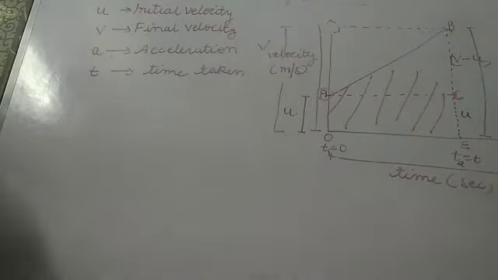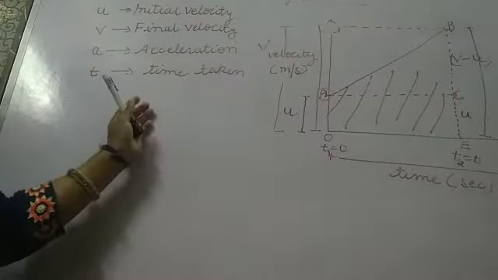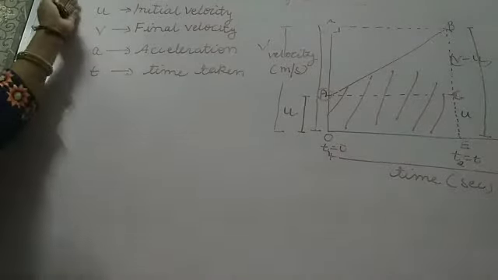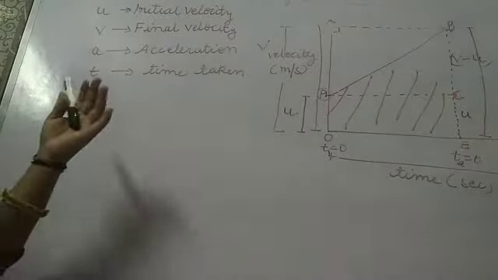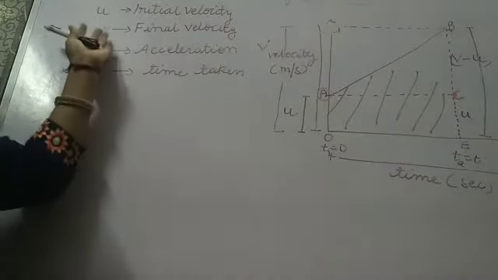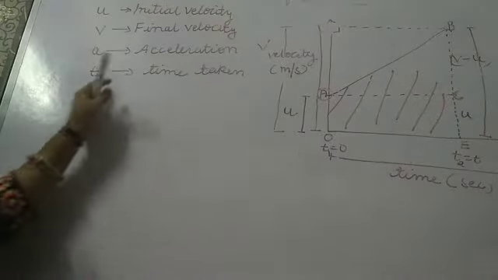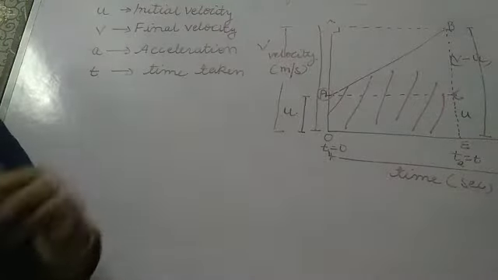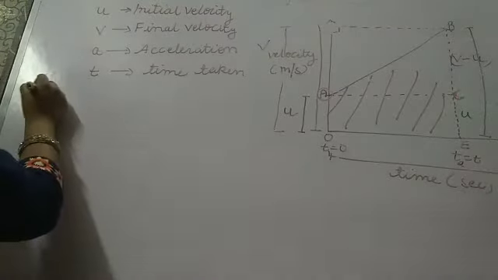The introduction is the same: let us consider an object having initial velocity u and it produces an acceleration of a, having final velocity v in the time taken t.